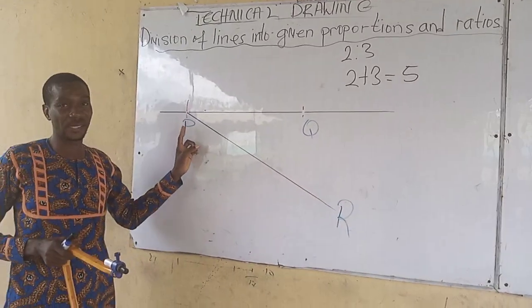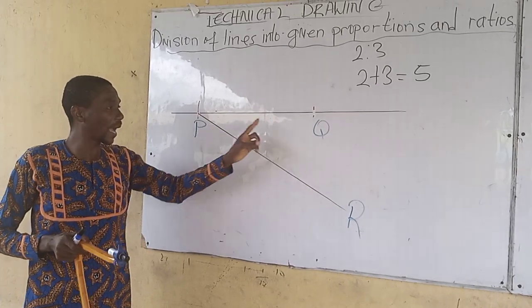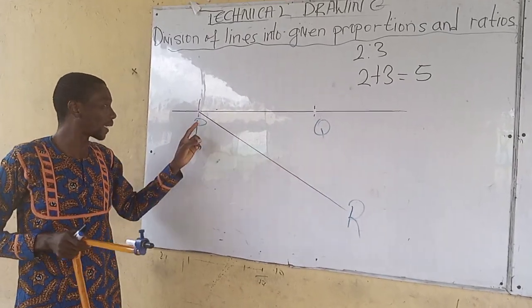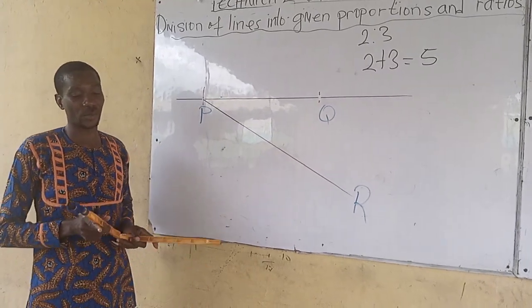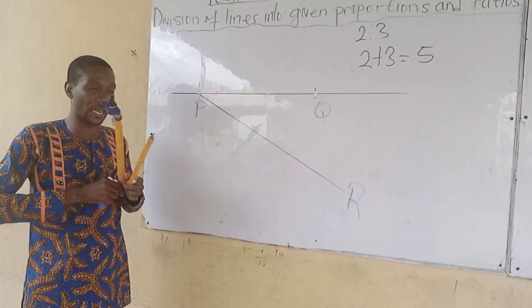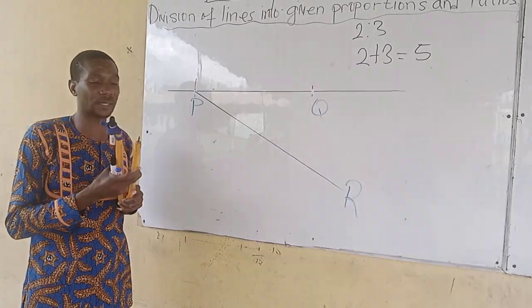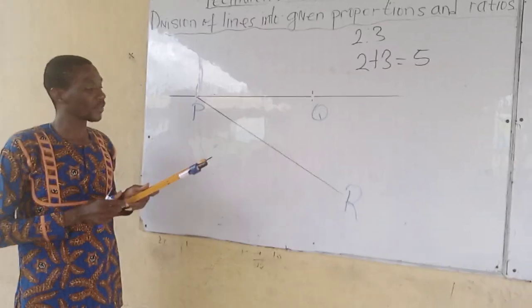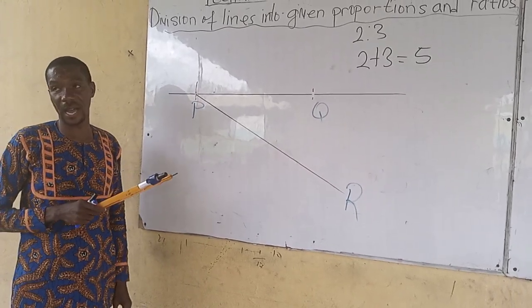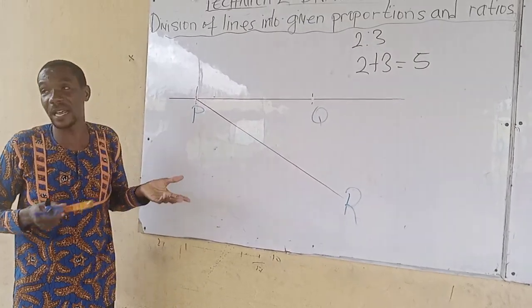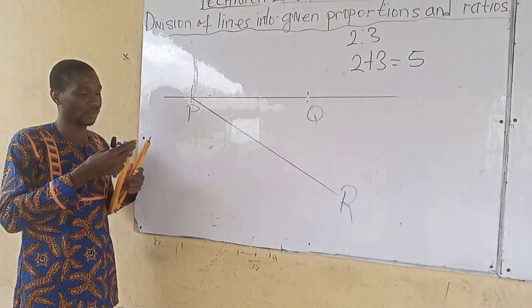Please, learners, don't divide line PQ, but rather let's divide line PR. Be open to any convenient radius. Then we begin to divide line PR into 5 steps.